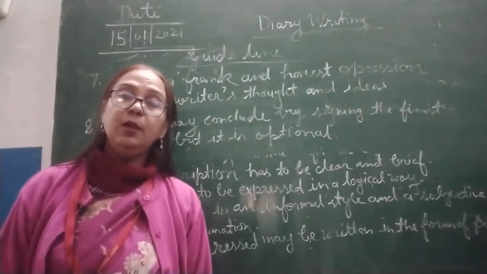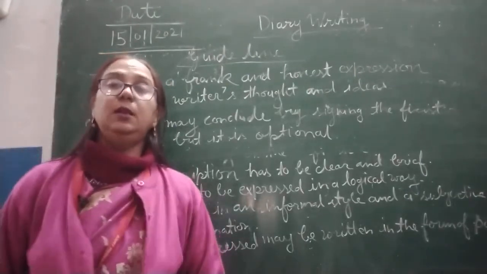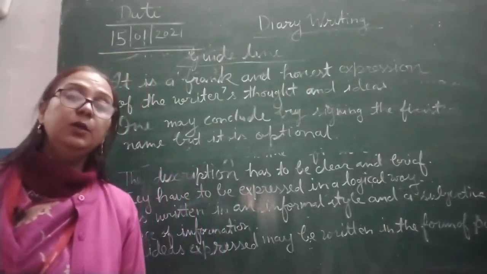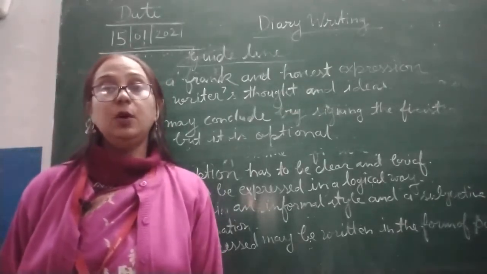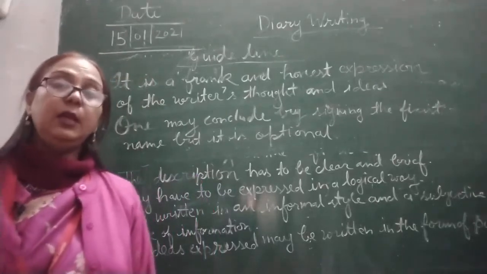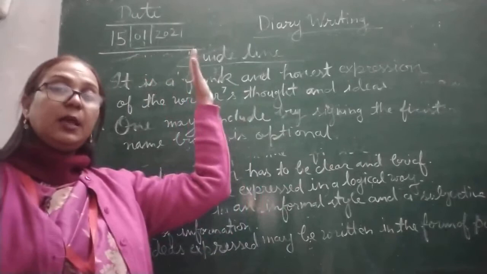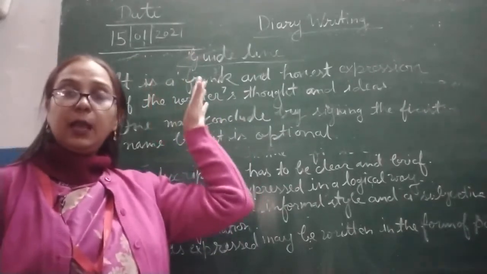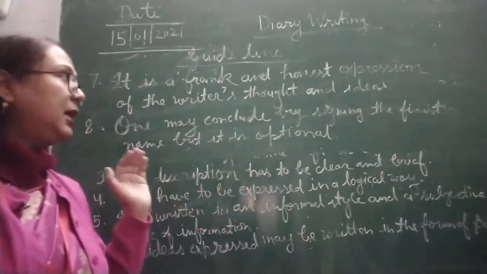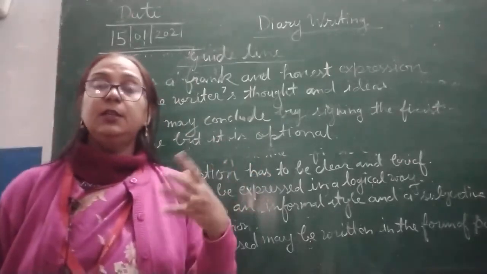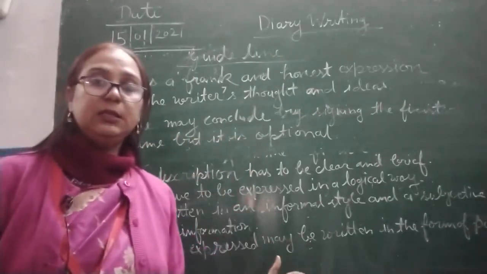Now what we have learned today: first of all, a diary is a personal, written account, and you should mention all the things you have experienced throughout the day. First of all, we start the diary with the date, then the day, and then the time. Then after that, on the second line you can write dear diary, and after that all the things we have discussed today.